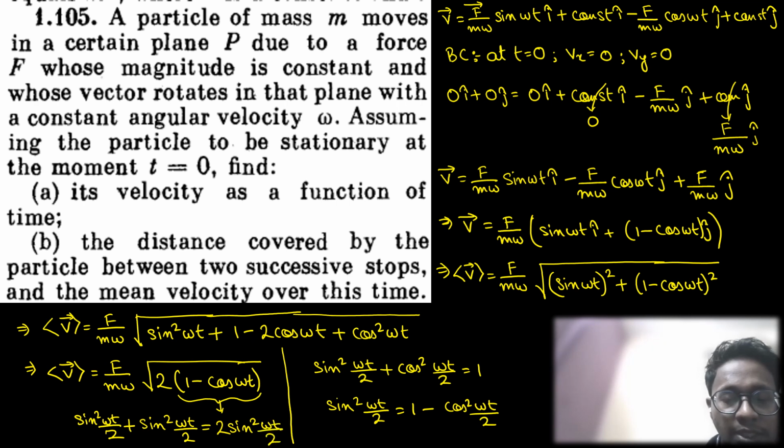So this entire term will get replaced by 2 into sine square omega t by 2. Let me erase this.